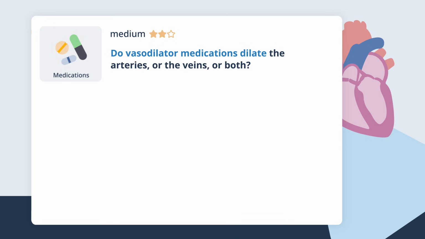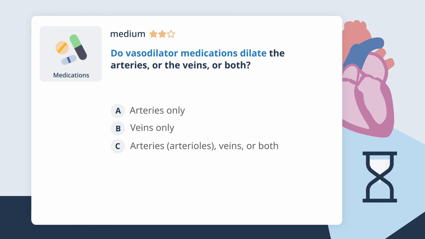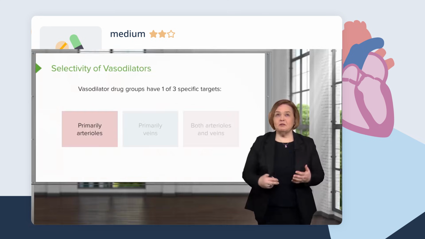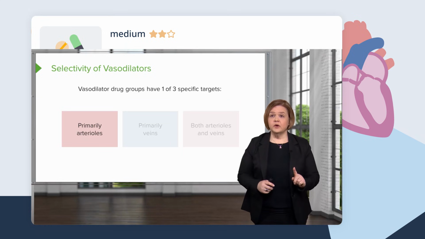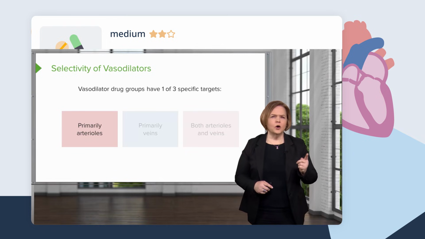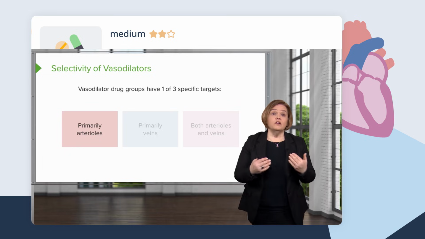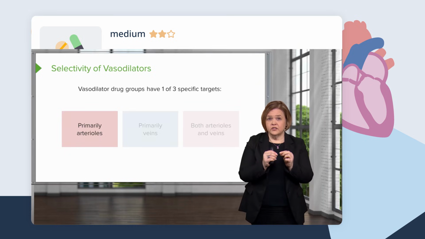Do vasodilator medications dilate the arteries or the veins or both? Okay, it was a little bit of a trick question. Vasodilator drug groups have one of three specific targets. First one is primarily the arterioles. Wait a minute, the question said arteries or veins. Well, arterioles are just the tiniest branches of the arteries.